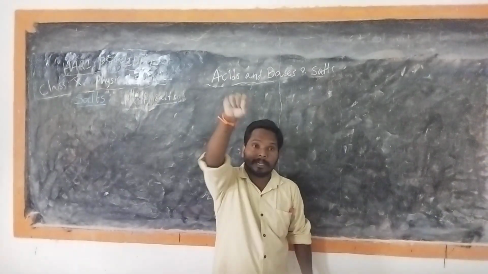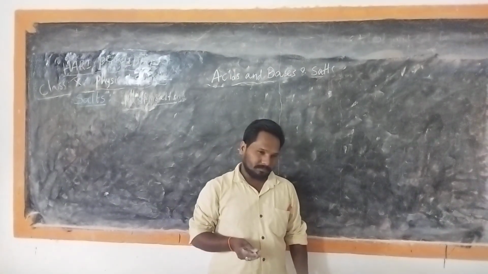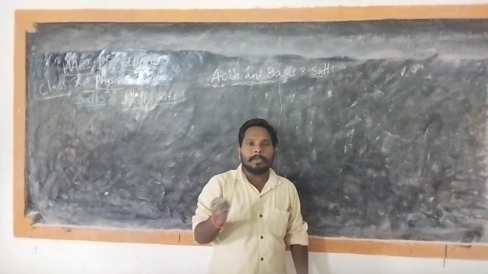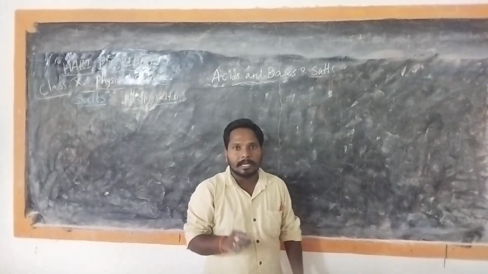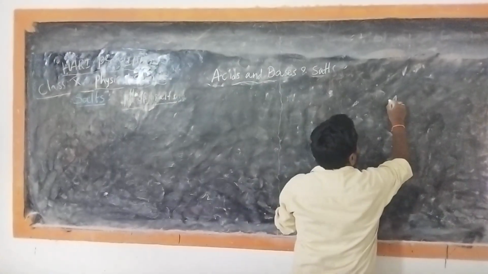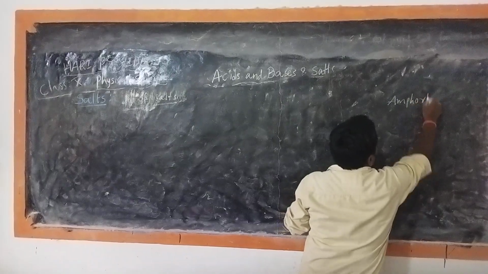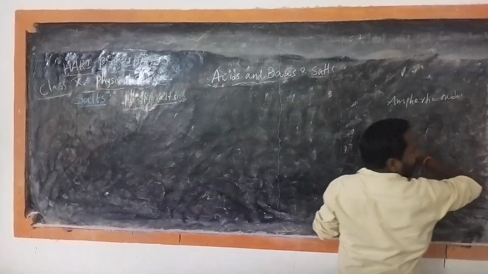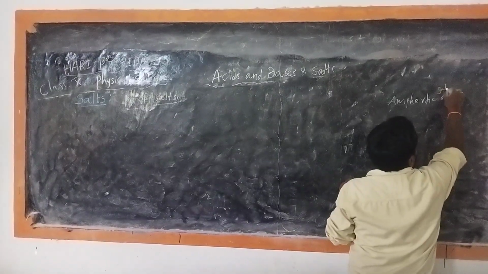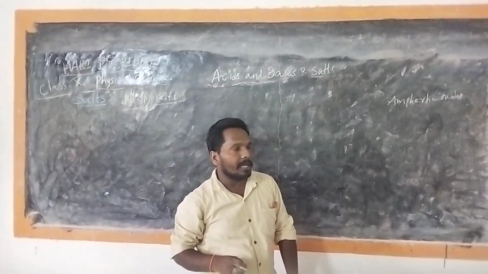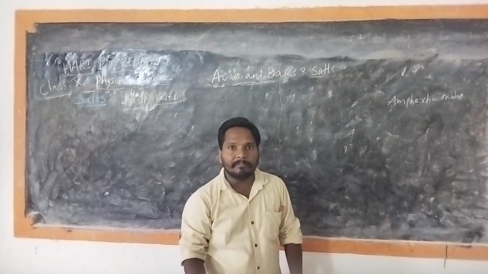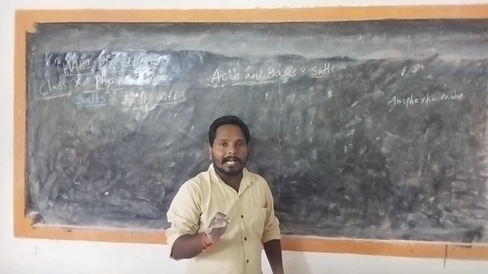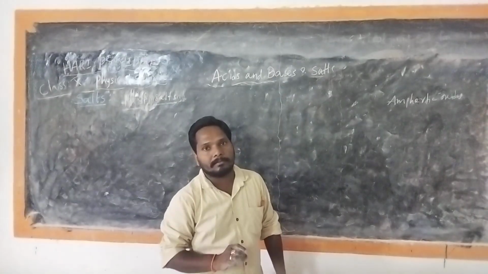Some oxides and some chemical substances behave as both acid and base. Such substances are called amphoteric substances or oxides. Amphoteric substances behave as an acid and also as a base.